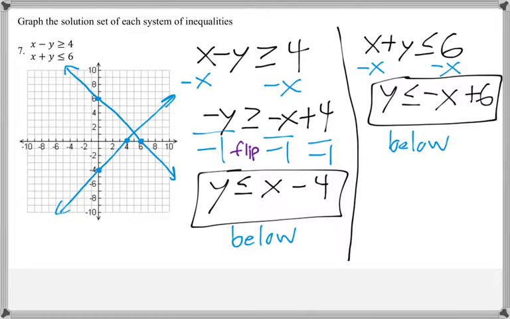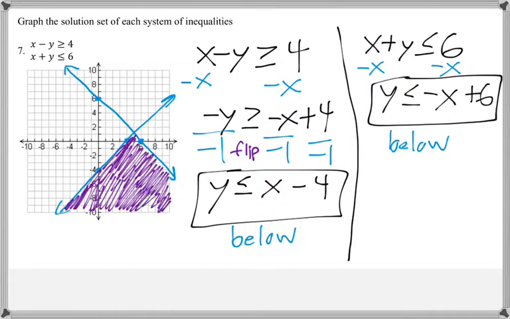And the intersection of the shadings was right here. And that will be our answer.